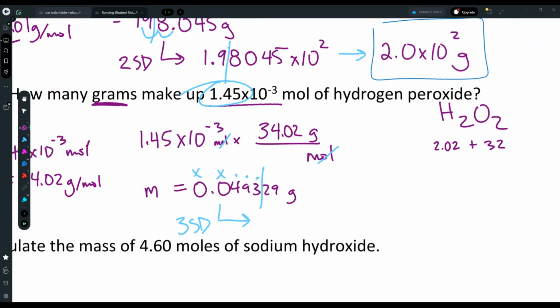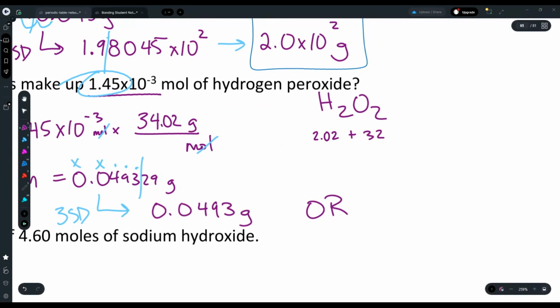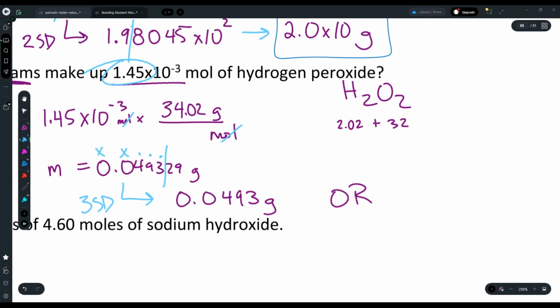So if your cutoff line comes after the decimal, you don't necessarily have to use scientific notation, but you could if you really wanted to. Okay, so 0.0493 grams, or if you wanted to use scientific notation, we'd have to move our decimal 2 to the right.